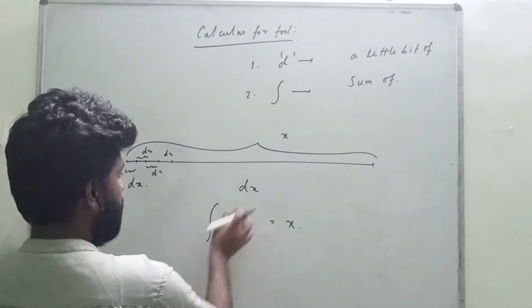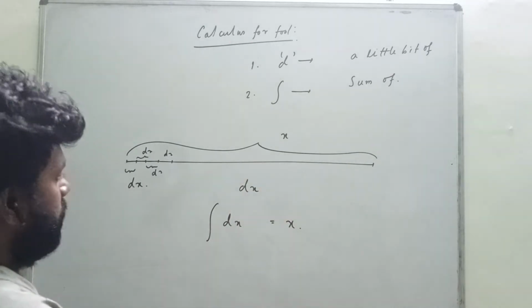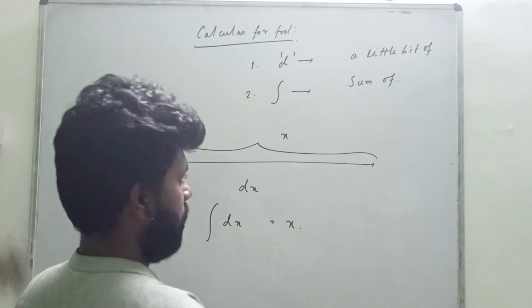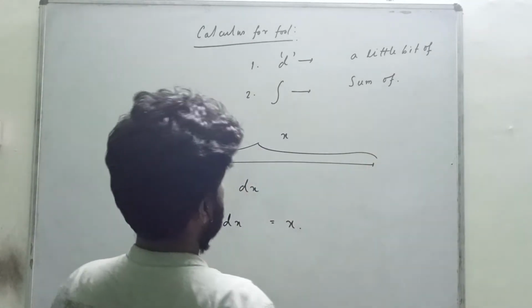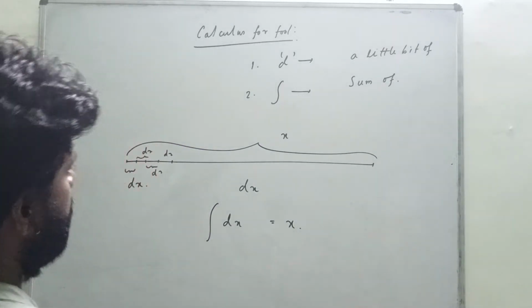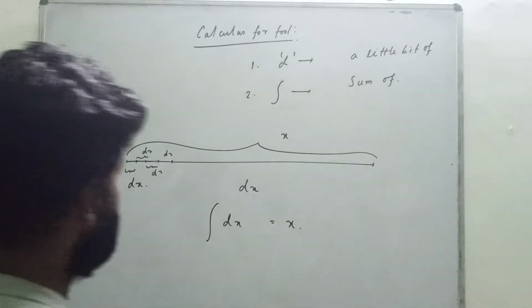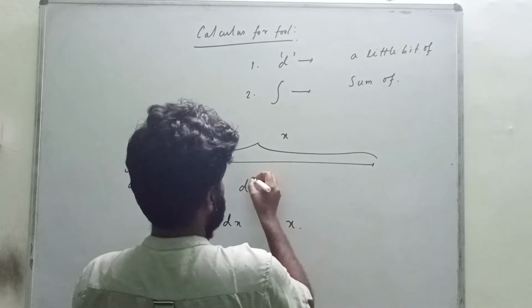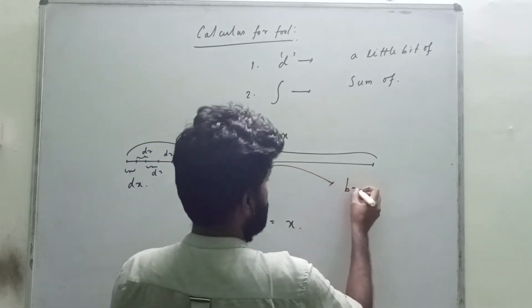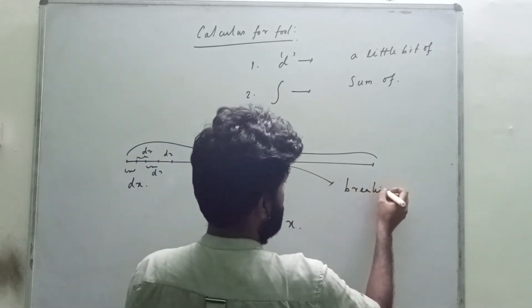So d is the operator which breaks a very large length x into very small pieces. It is breaking down.